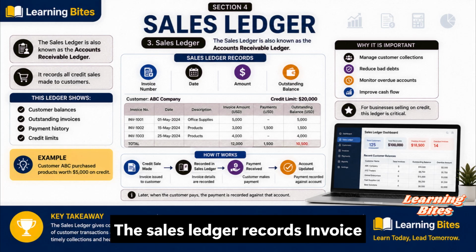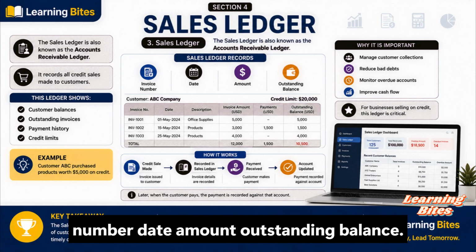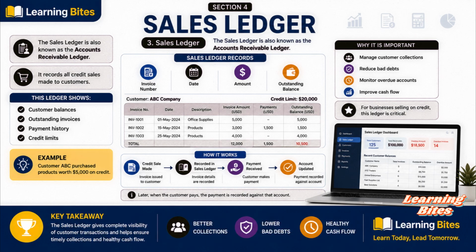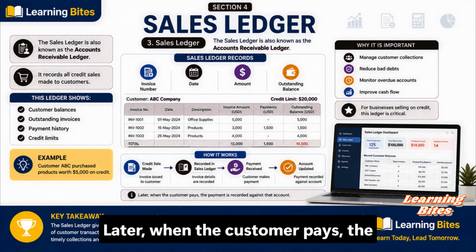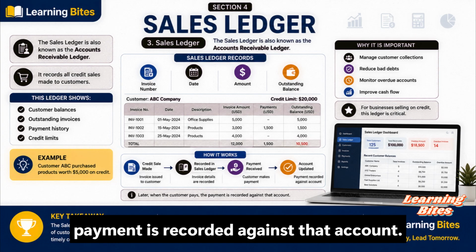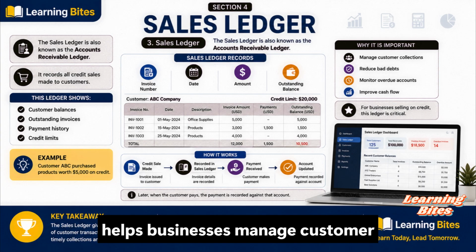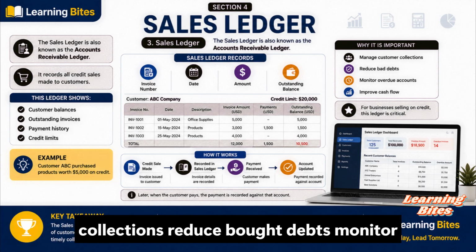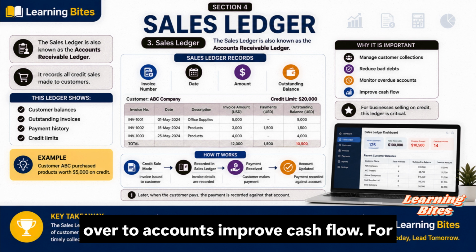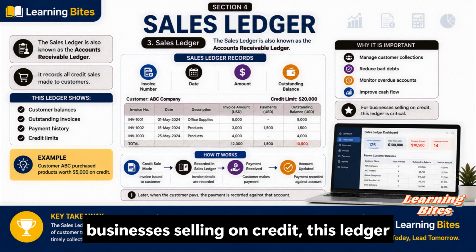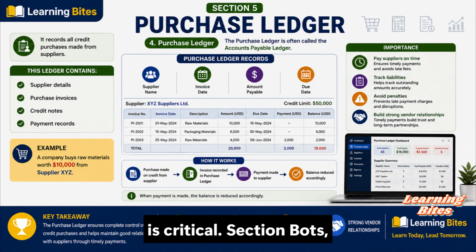The sales ledger records invoice number, date, amount, and outstanding balance. Later, when the customer pays, the payment is recorded against that account. Why is it important? The sales ledger helps businesses manage customer collections, reduce bad debts, monitor overdue accounts, and improve cash flow. For businesses selling on credit, this ledger is critical.